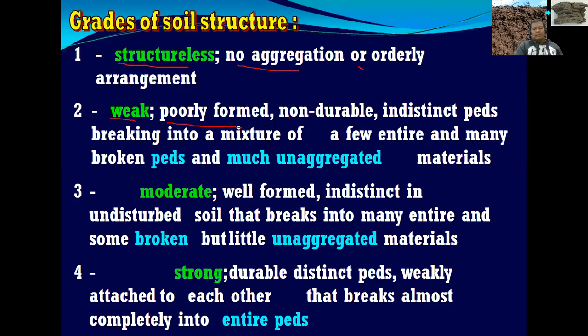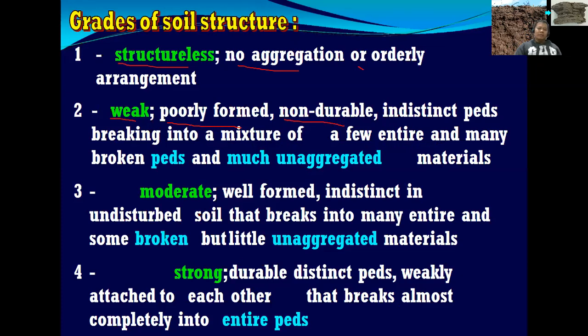The form is poor. Non-durable, easily broken. Poorly formed, non-durable. Indistinct peds, no? There are no clusters of granules, and it seems there are no peds. If there are any peds, they are very weak, no? Indistinct peds, breaking into mixtures of few entire and many broken peds and much unaggregated material. So it seems there is no aggregation.